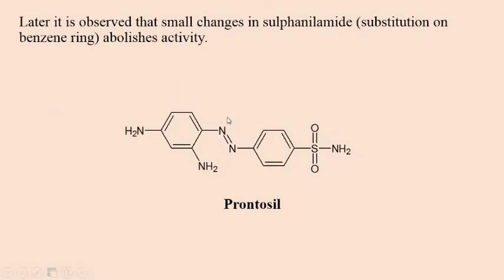This is the azo linkage, and this is the amino group, so this is para-aminobenzene sulfonamide. When this drug enters systemically, the reduction will take place at this place. This group will separate, and this NH2 group will be separate, so it will give you para-aminobenzene sulfonamide. That's why it is a prodrug.